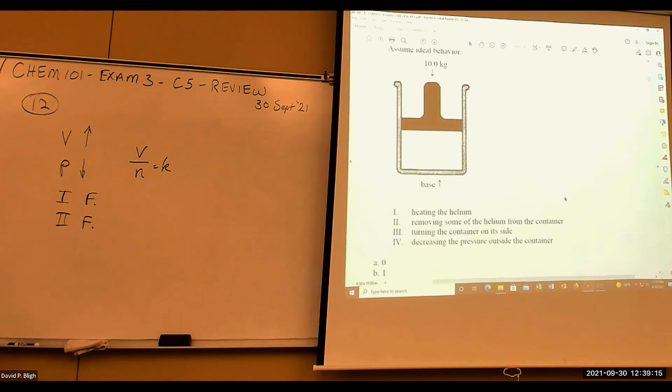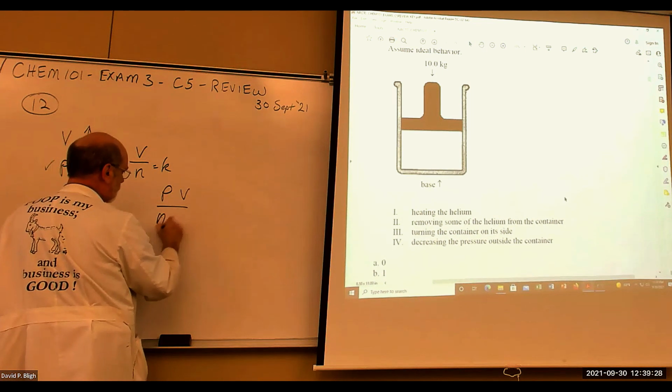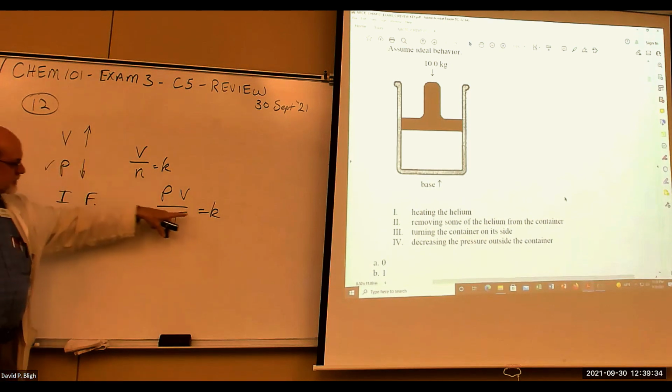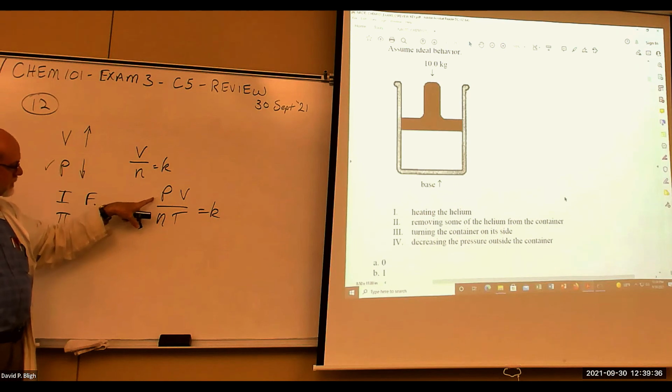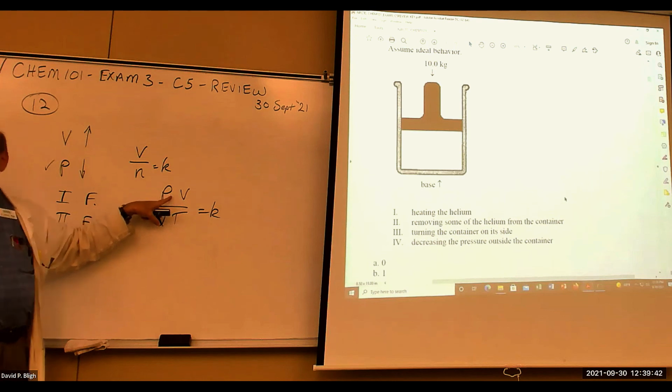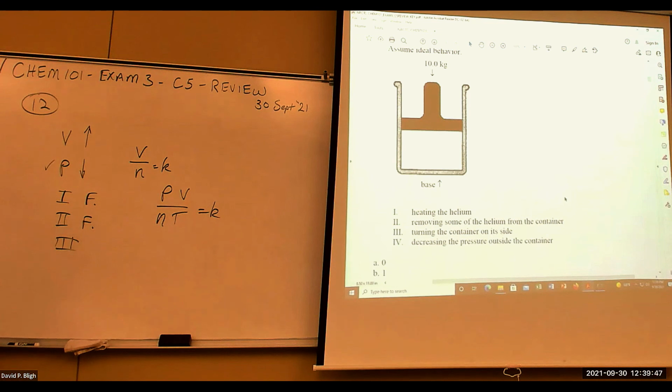So we've decreased the pressure, so we met that condition. It's number 3. And what will happen to the volume? If the number of moles and the temperature didn't change, then pressure and volume is Boyle's law. We decrease the pressure, so the volume has to increase. That's a good one. Roman numeral 3.